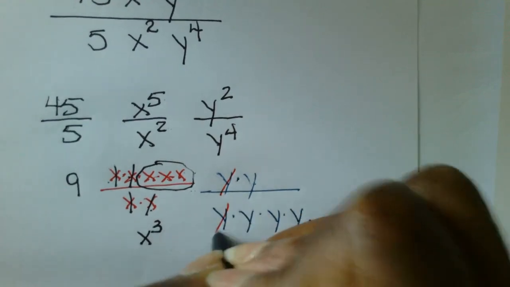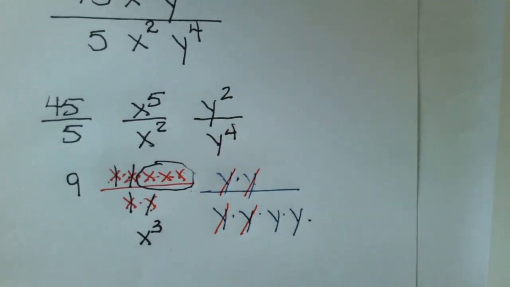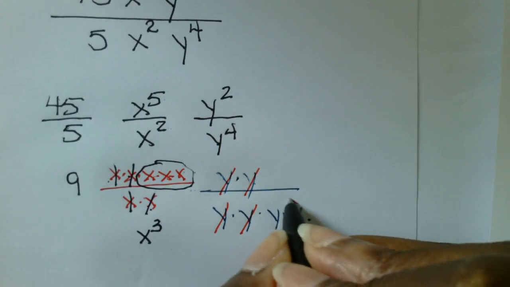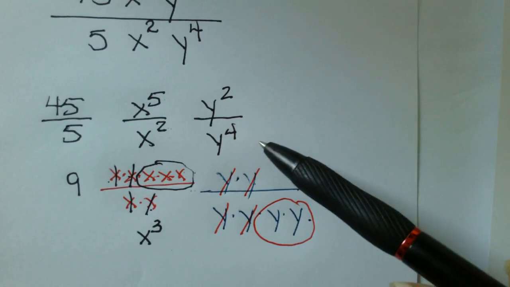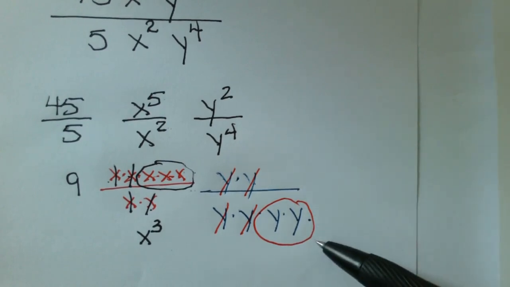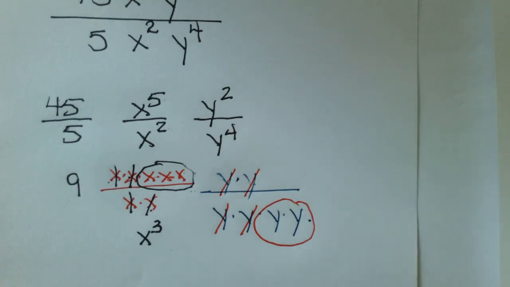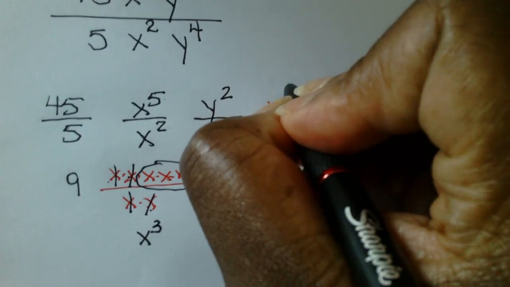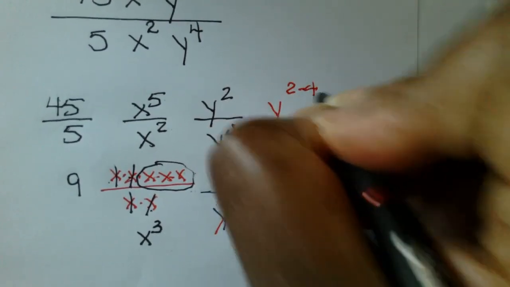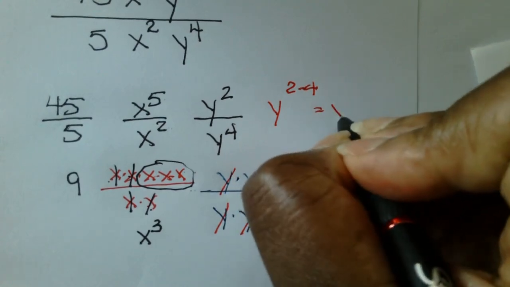So if you cancel out 1 set, 2 sets of y's, we have 2 y's left. But where are they located? That's the key part. They're going to be located in the denominator. Because if I just did simple subtraction, if I did my y with the 2 minus 4, I would have gotten a negative 2.